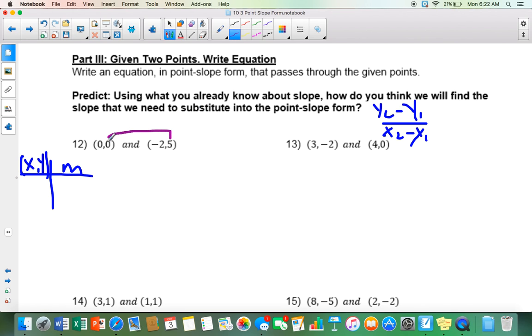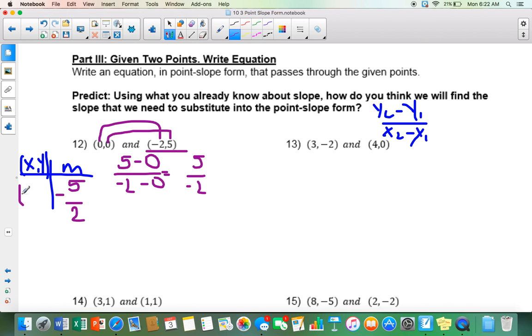So I've got 5 minus 0 over -2 minus 0, which gets me 5 over -2. So I know my slope is -5/2. And I can use either one of these points. Either one, you'll get the right answer of your line. I'm going to go ahead and use -2, 5, just because I feel like it.